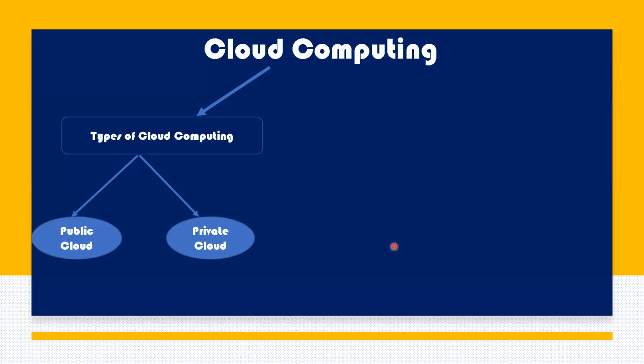The cloud feature should be there, but it should be available only for their business, only for their employees. So it is called the private cloud. The private cloud can also be accessed from anywhere, but only their employees can access and use that environment.